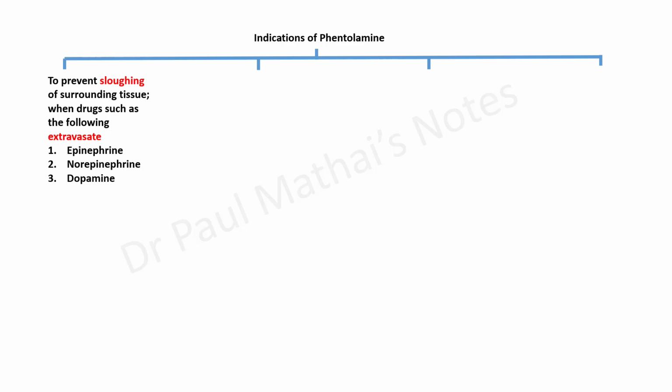Firstly, it is famous to prevent sloughing of surrounding tissue when drugs such as epinephrine, norepinephrine, and dopamine extravasate. It is also used in the treatment of hypertensive crisis due to clonidine withdrawal and during intraoperative pheochromocytoma excision.